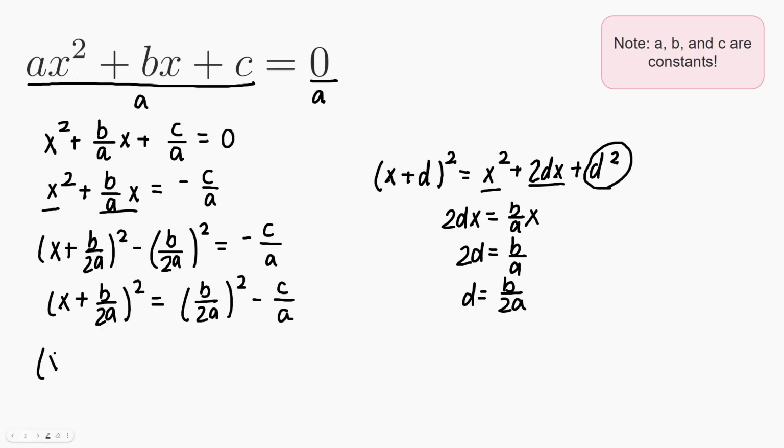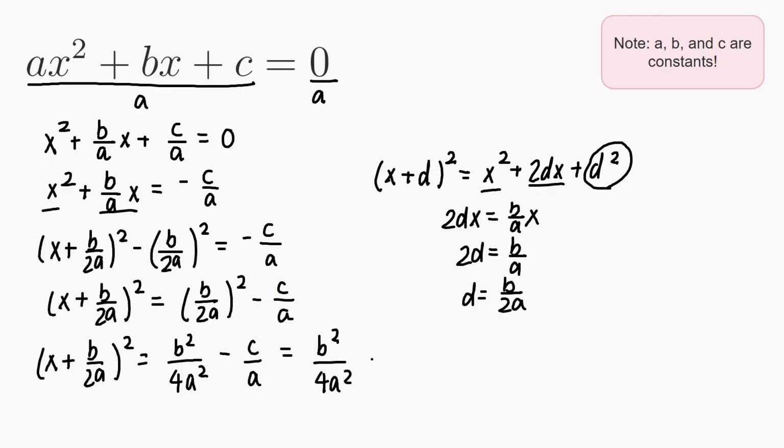When we further simplify, we get x plus b over 2a squared equals b squared over 4a squared minus c over a, which we can further simplify by making this have the same denominator, making it b squared over 4a squared minus 4ac over 4a squared, which is equal to b squared minus 4ac over 4a squared.